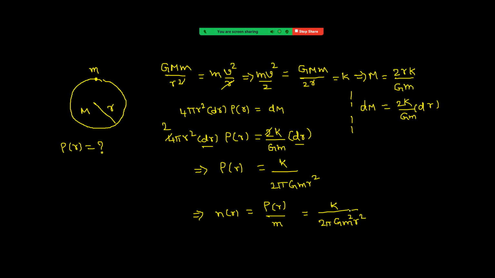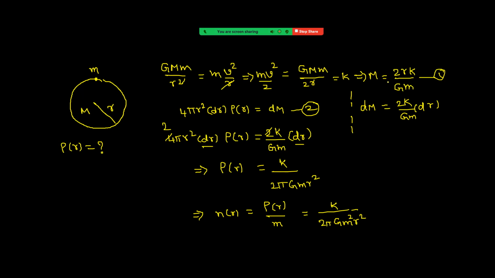And here some students have a doubt: by integrating this, we can get the mass capital M and equate it to this equation. Suppose this is 1 and this is 2. Some have the doubt that by integrating 2, we get capital M, and then we can equate that.